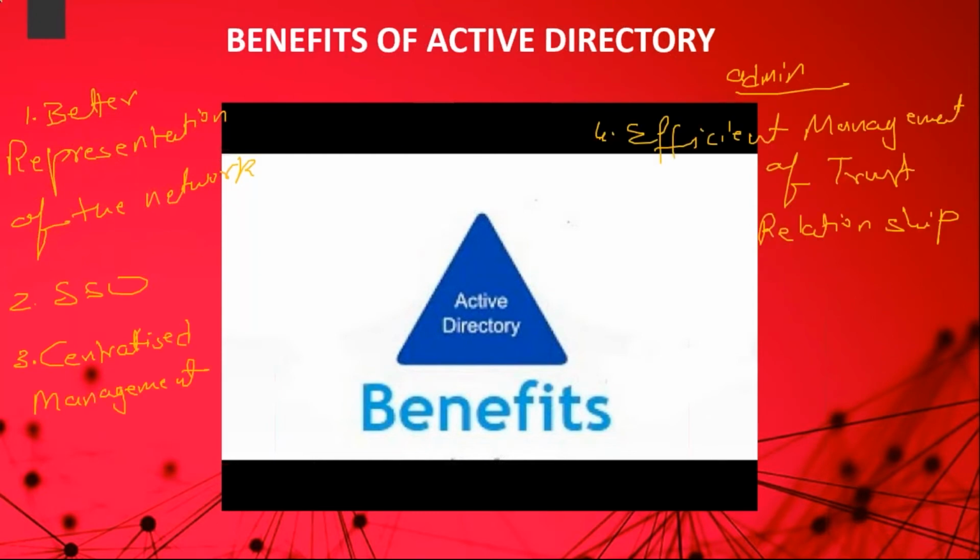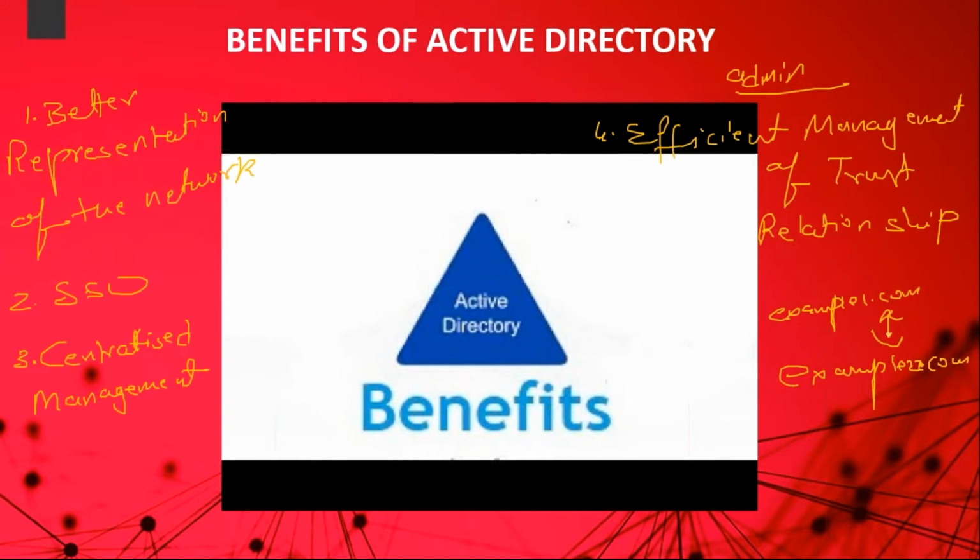A trust relationship. Let's say we have two different domains, example1.com and example2.com, right? Now, between these two there will be a trust relationship. It is a logical link that is established between two domains, right?